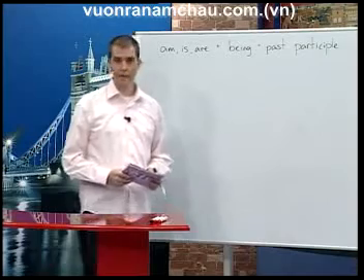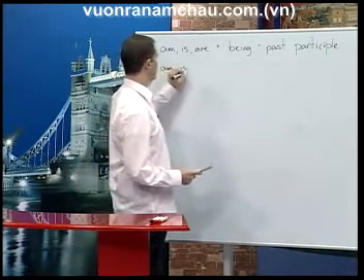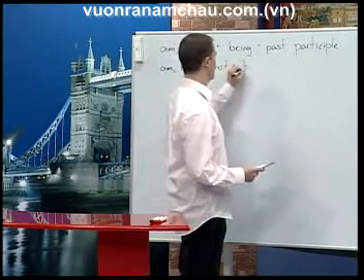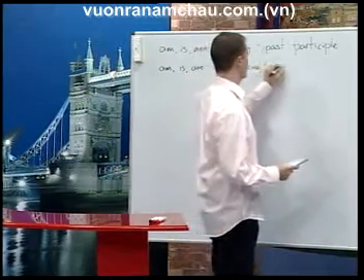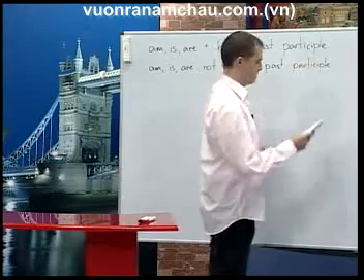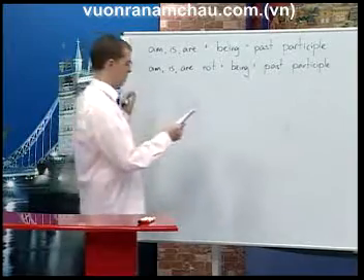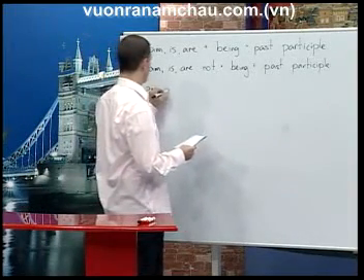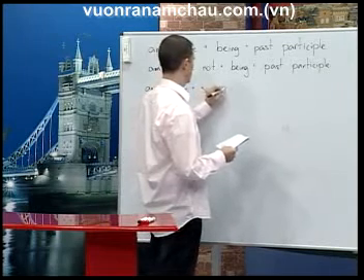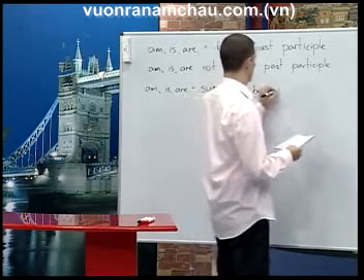To form the negative, we use am, is, are not, plus being, plus past participle. And to form questions using the passive voice in the present continuous, we use am, is, are, plus subject, plus being and past participle.